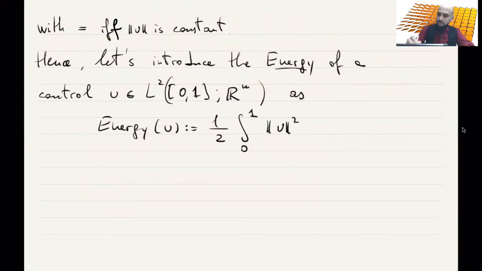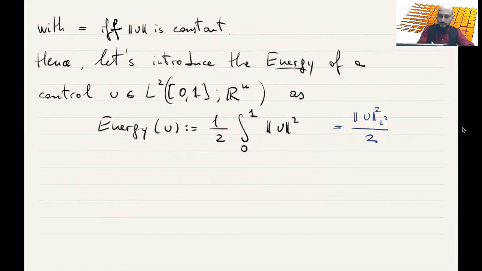Okay, so in other words, this is the L2 norm of u divided by 2. So this norm is the norm on Rm that we fixed, and instead this is the L2 norm that's induced on functions.